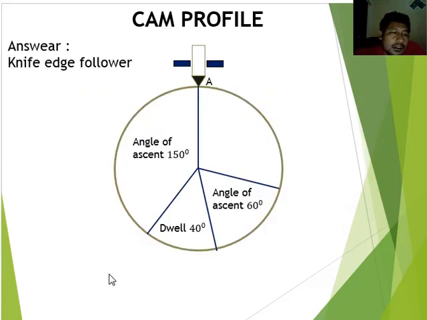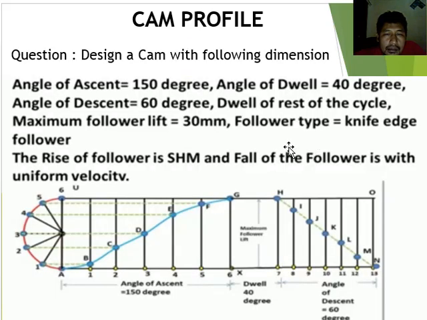After we draw the displacement of the follower, you can draw the cam profile, with the angles from the problem sample.